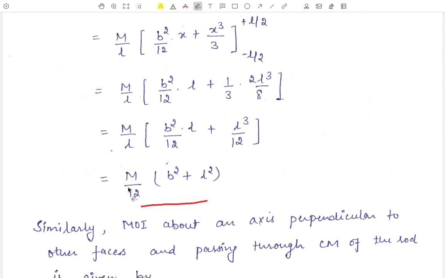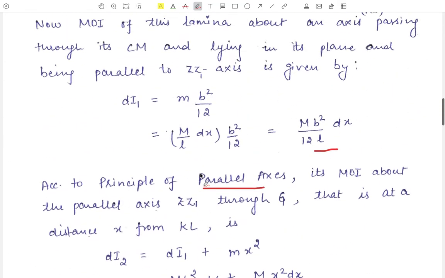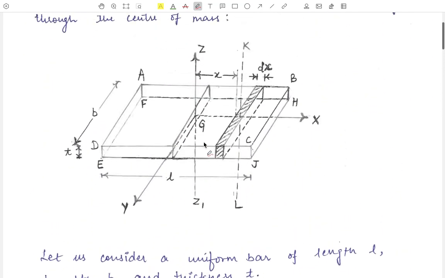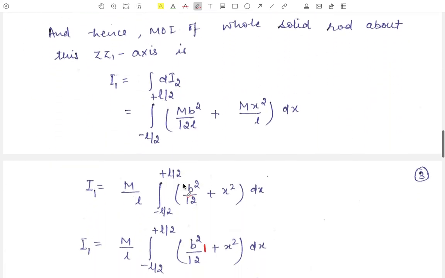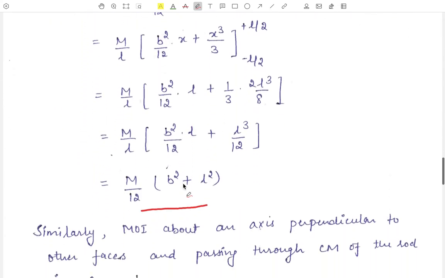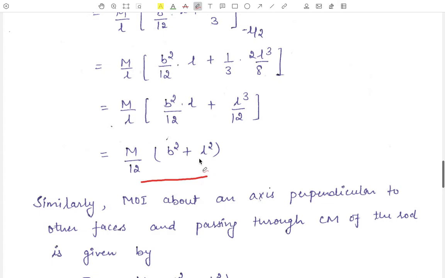Here we can see there is a symmetry in the moment of inertia. Our axis z1 is parallel to the thickness side of the bar. Therefore, in its expression, we have b square and L square, that is, length and breadth appear in the expression of the moment of inertia.